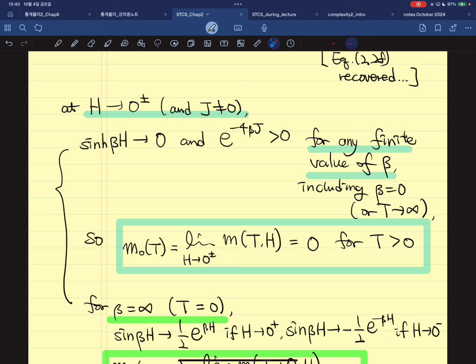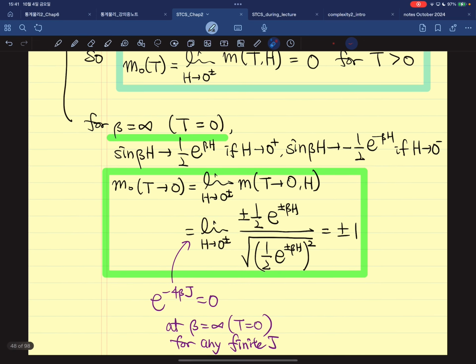Meaning that without any external field, it's not possible to have a spontaneous magnetization in the one-dimensional case, at least for any finite temperature larger than zero. But when the temperature becomes zero, which is actually a singular point, then we can have +1 or -1, but this is a very special case. There is no finite-temperature phase transition occurring here.